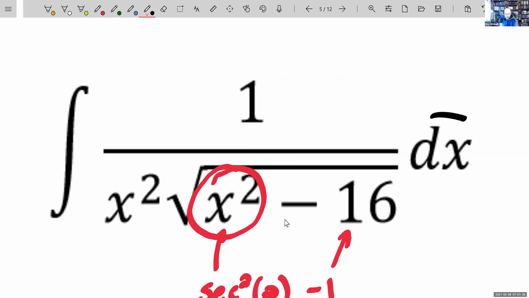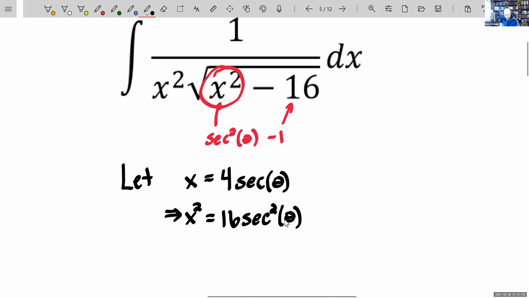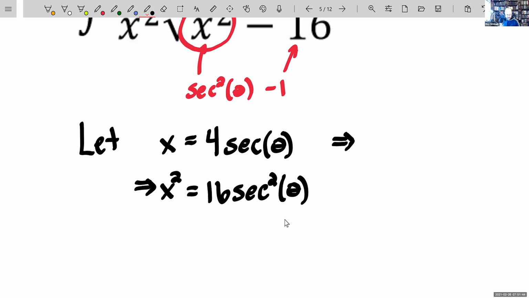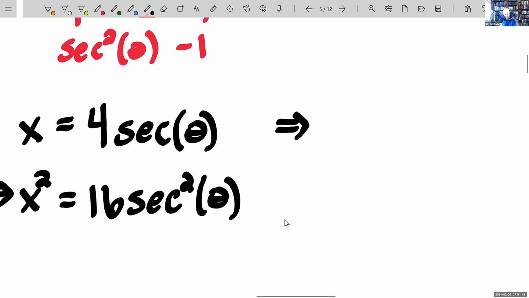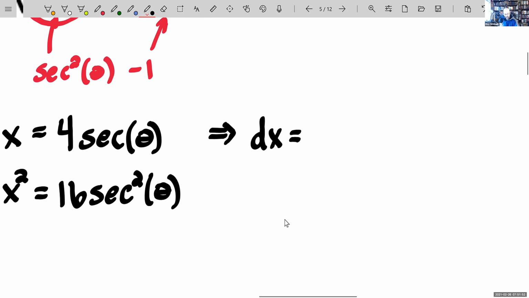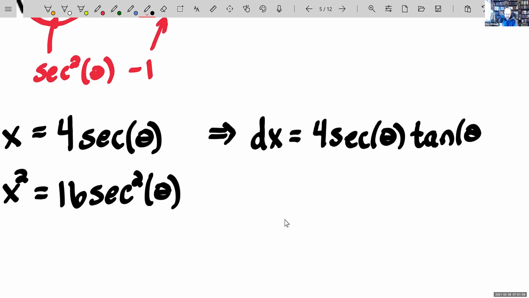So you have to trade out your dx here for d theta. So let's go ahead and figure out what dx is. And this is probably the most beautiful thing about a trig substitution like this, is you will always directly find out what dx is. For example, x equals 4 secant of theta means that dx is directly substituted out for 4 secant of theta, tangent of theta, and then d theta.